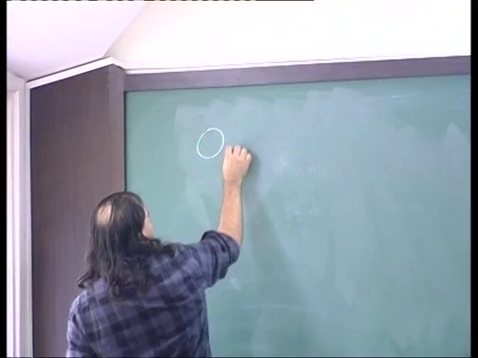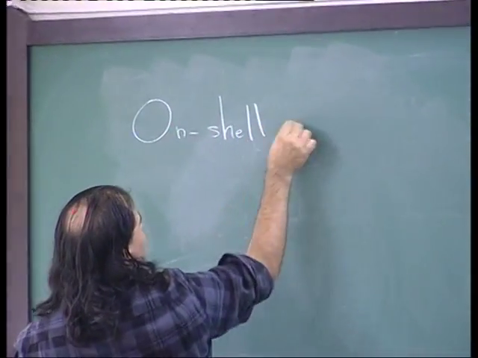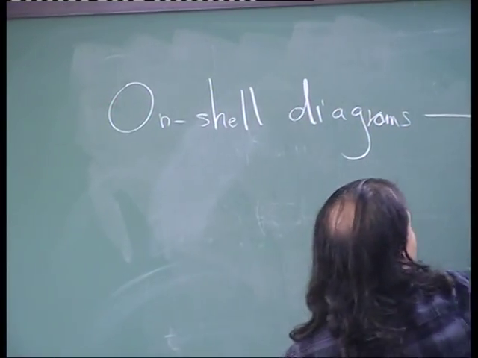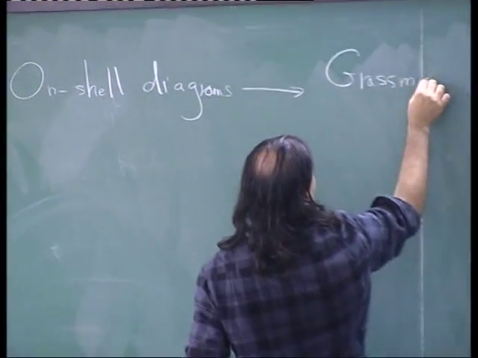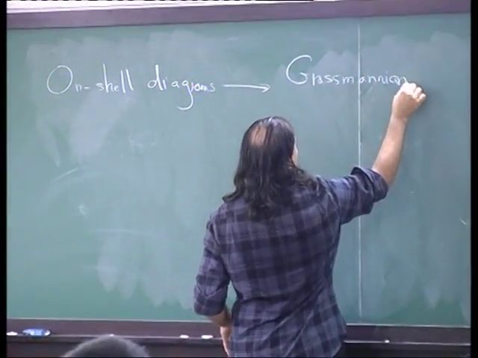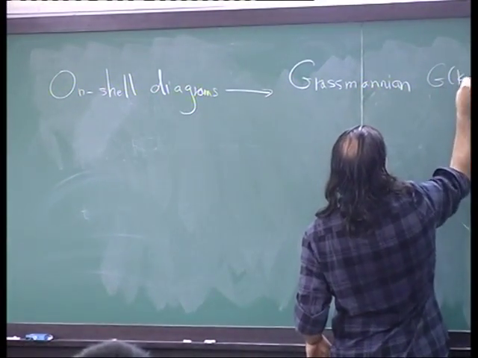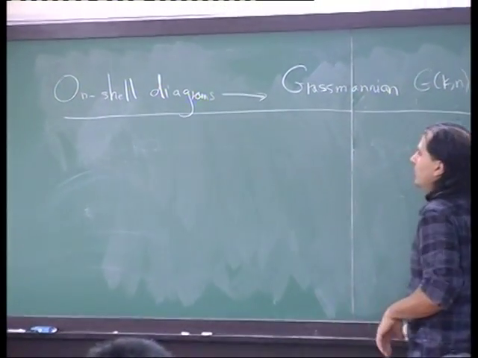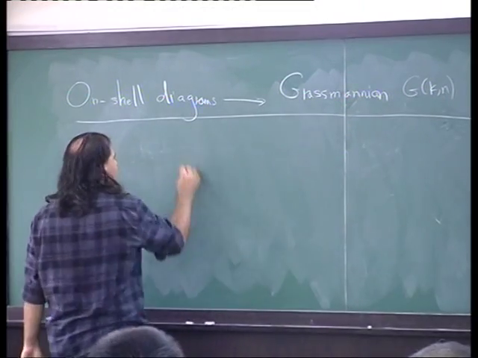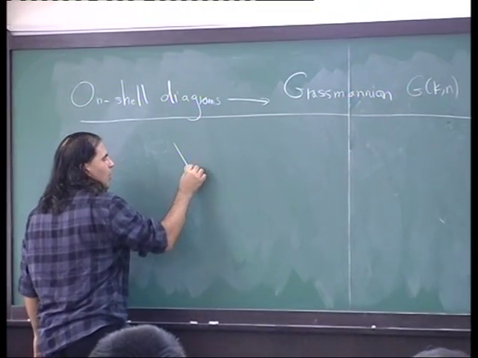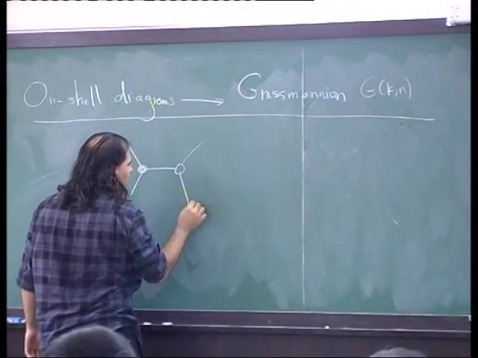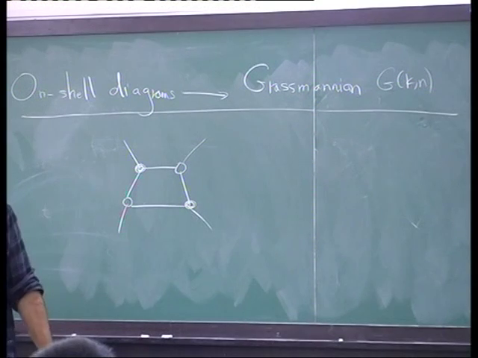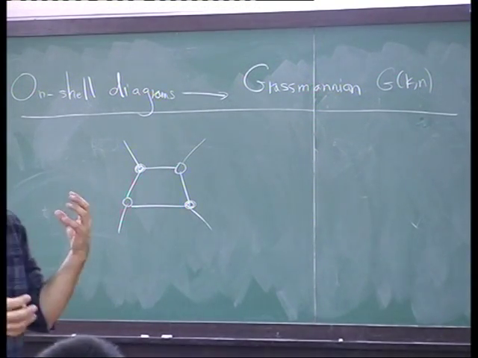So now we're going to start making the connection to the Grassmannian. We already saw last time why the Grassmannian might make any appearance at all in thinking about the external data.